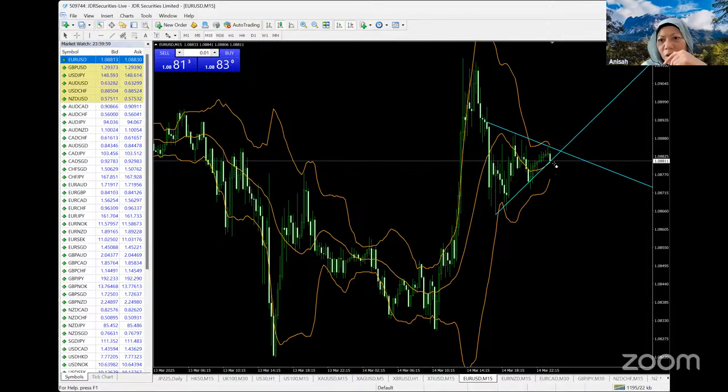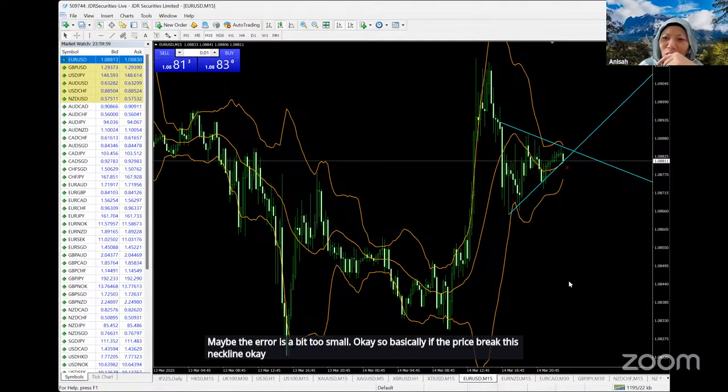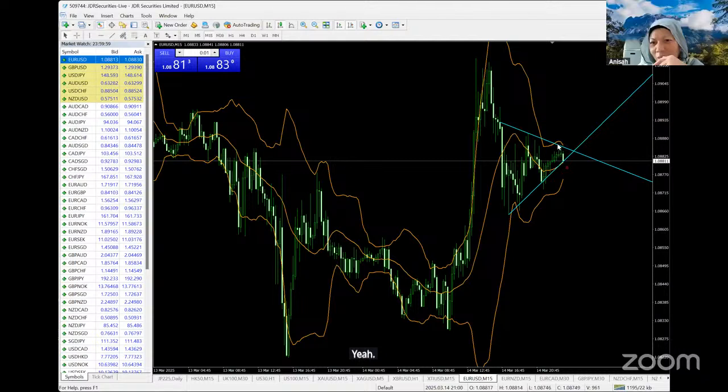Maybe the arrow is a bit too small. So basically, if the price breaks this neckline, then it will continue. Then you can take your shot. If you're taking your shot here, then your cut loss is here, the upper baseline of the triangle.